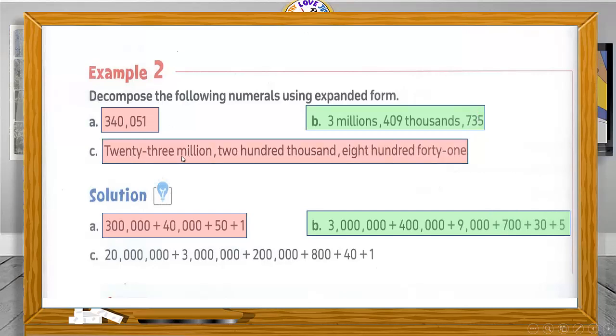Last one, 23,200,841. 23 million, write 20 million, then 3,000,000. 200,000, write 200,000. 800, write 800. 40, write 40. 1, write 1.